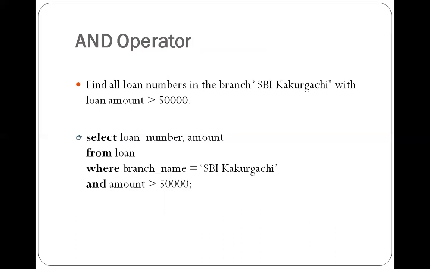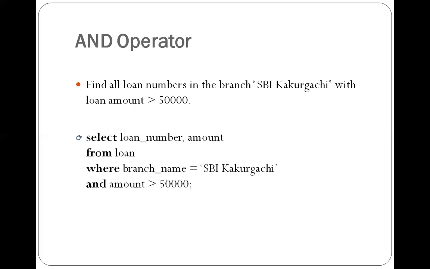So the query would be: select loan number comma amount from table name, that is loan here, where branch name equal to SBI Kakurgachi. SBI Kakurgachi must be within quotation because this is a string type value, and amount greater than 50,000.